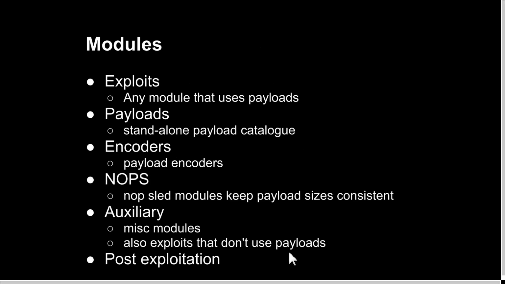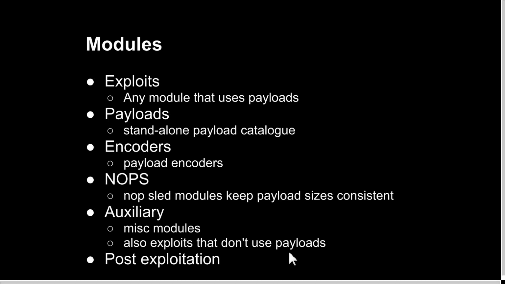So the modules are broken down into exploits, and what categorizes that is that any module that uses a payload is supposed to be located in the exploits module. Payloads are basically standalone and aren't accompanied by something that delivers them.